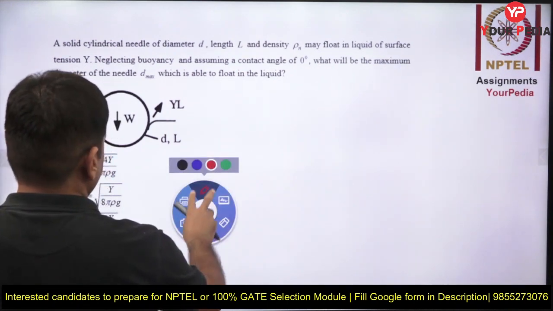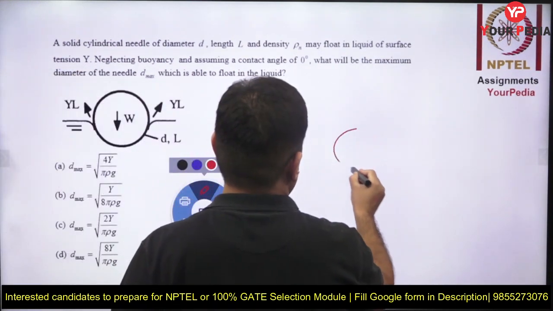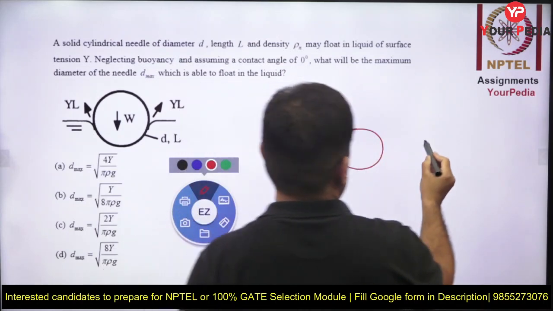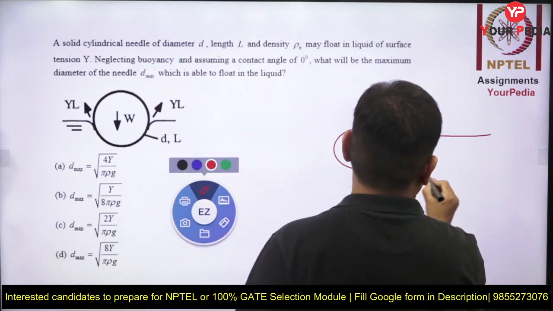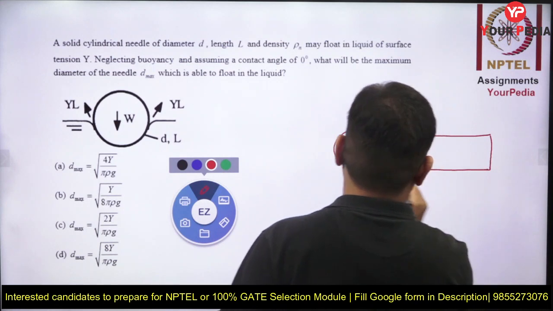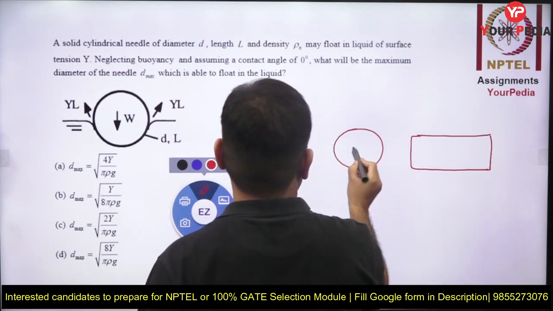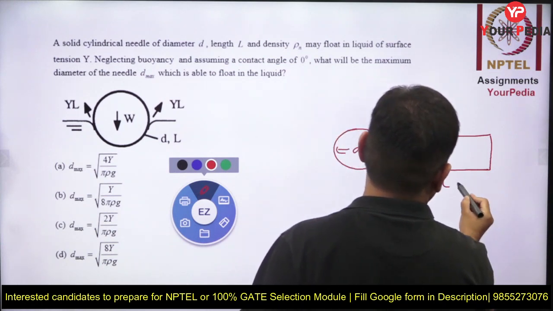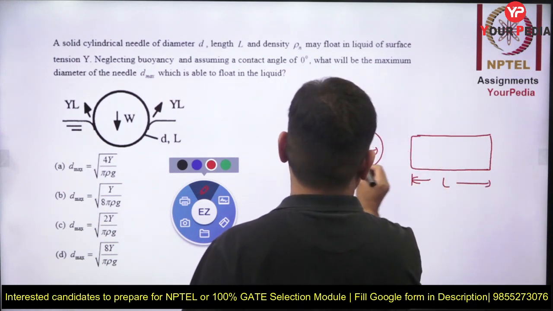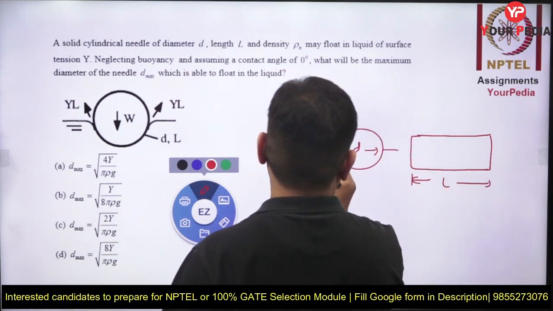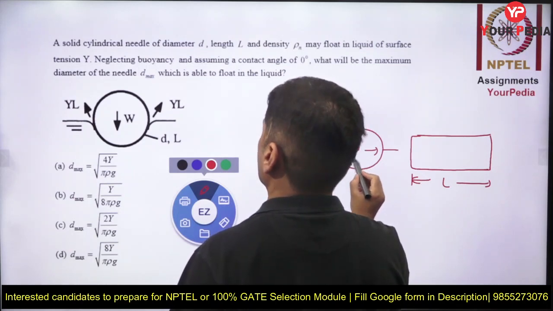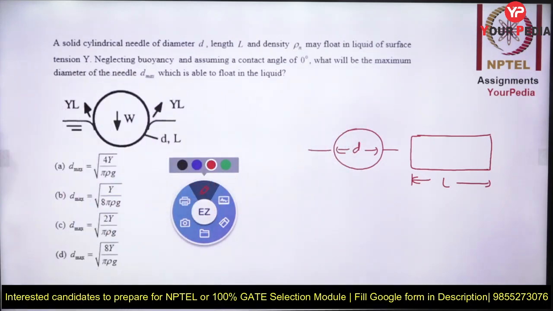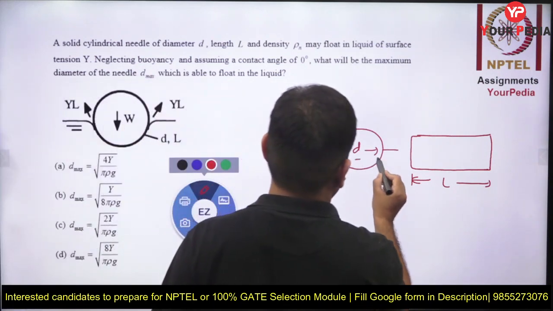Okay, now let us say this is a needle. The diameter of the needle is given as d. Let us say this is the diameter, the length of the needle is given as L, and let us say the needle up to this particular depth is floating in the liquid.